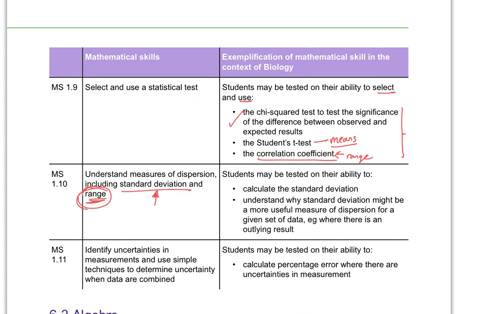Standard deviation, all the data contributes to it, whereas range, only the min and max contribute to it. So there's only 2 bits of data there. All the data goes into standard deviation, and therefore it's less skewed by outliers. As it says here, you've got outlier results. Again, you wouldn't call it an anomaly, it's just an outlier.